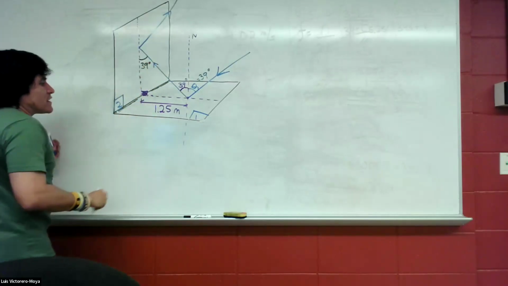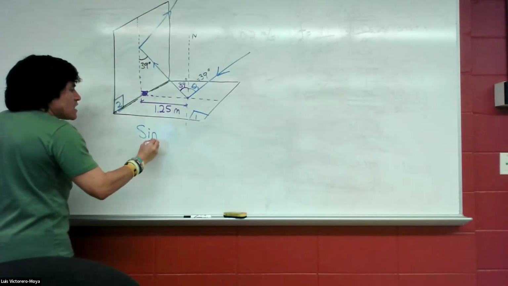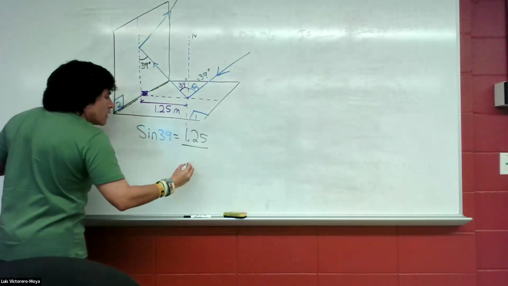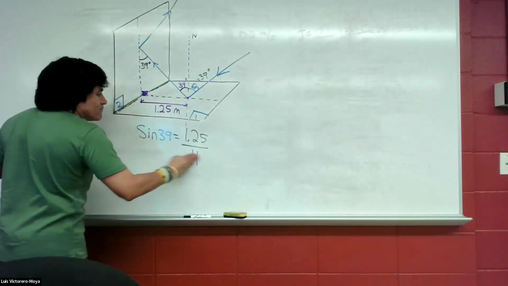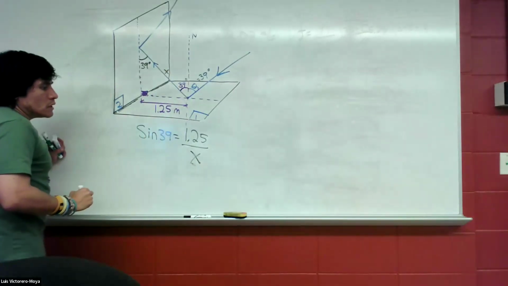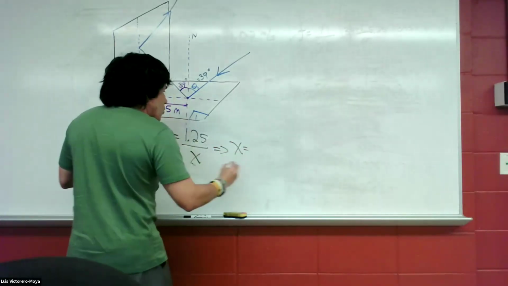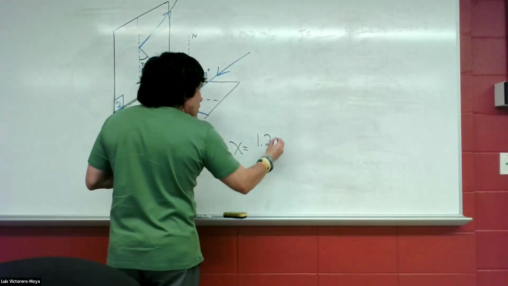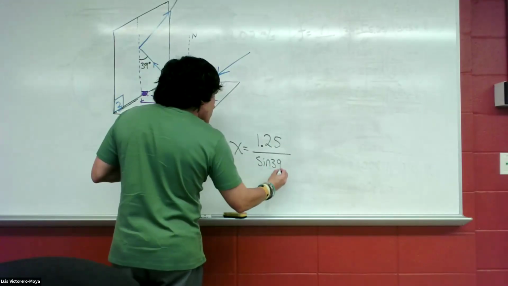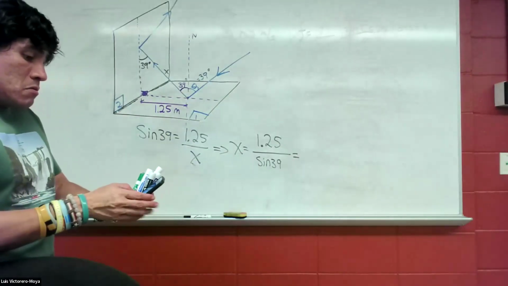Opposite over hypotenuse is the sine of 39. So sine of 39 is 1.25 over, let's call it X. So X goes here, this goes down. X equals 1.25 divided by sine of 39.